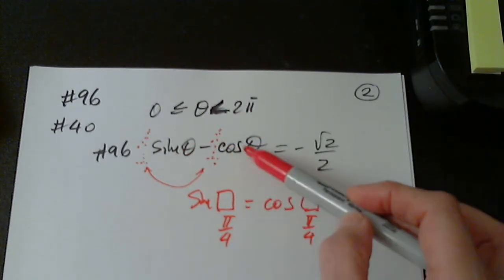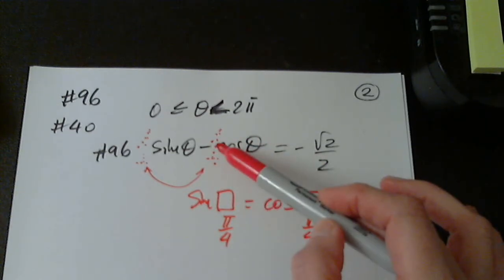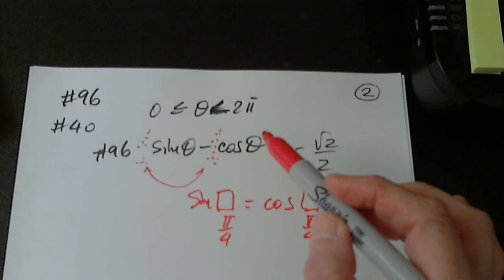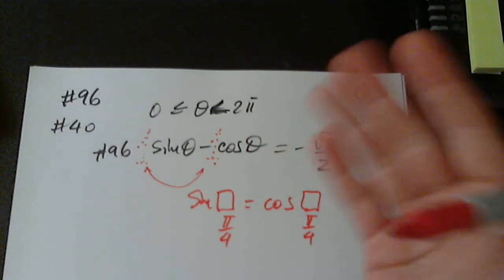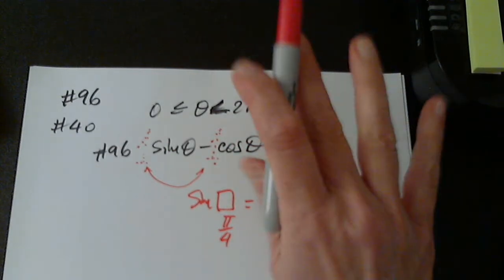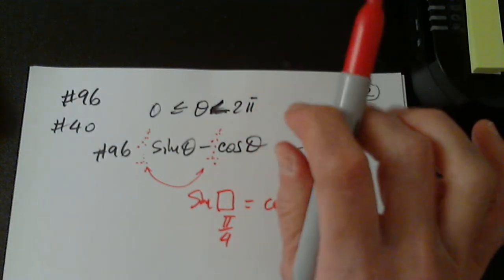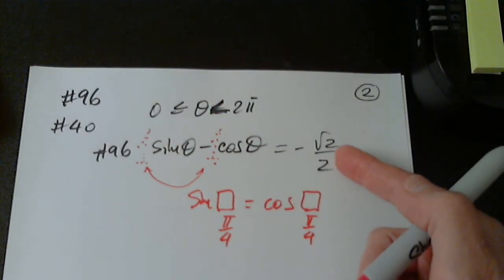So when I have sine and cosine, I have to manipulate this somehow. There are other situations in which we may have to divide both sides by sine or cosine, but not in this case. If you try to divide, you're going to get in trouble with the right-hand side.